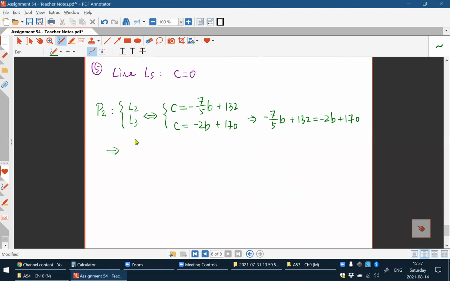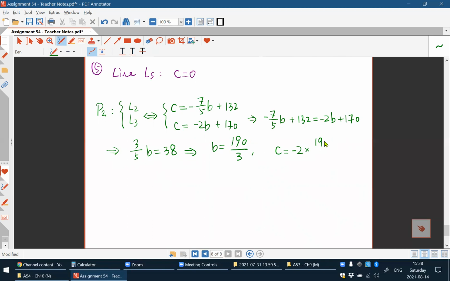And further, we can have 3/5 B equals 38, which means B equals 190/3, right?